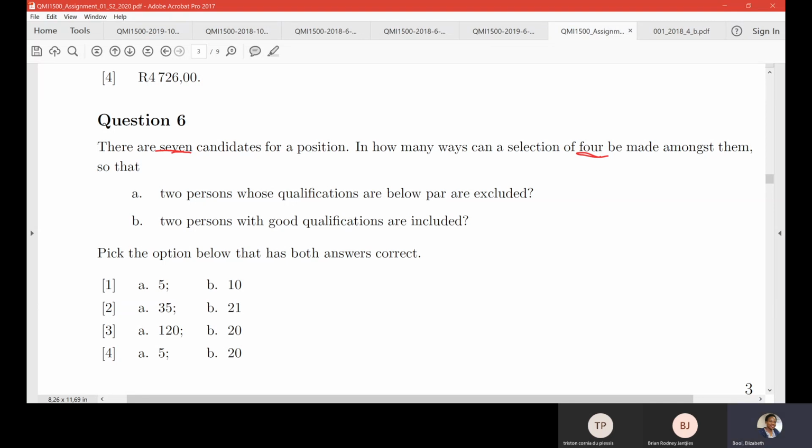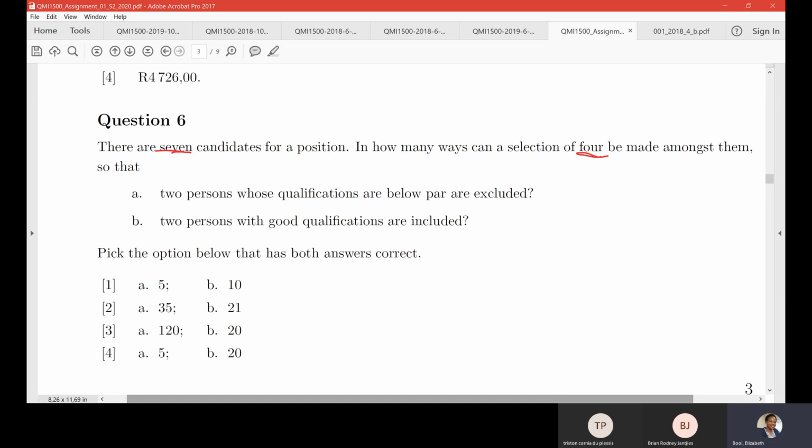In your module, they do not explain in detail how to use selection with replacement or without replacement. You need to know those things, because in your module, these things are non-existent.